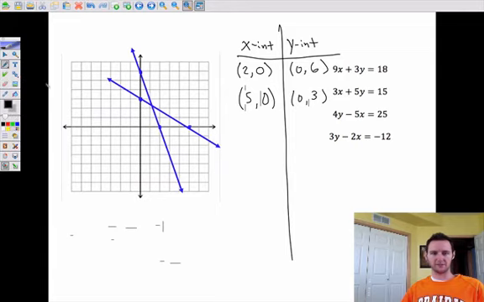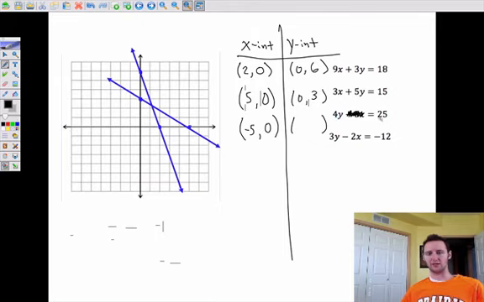Moving on to the third one. We've got 4y minus 5x equals negative 25. For the x-intercept, the y-coordinate is 0, so I'm going to put in a 0 for y. That all drops out, and I get negative 5x equals 25. Divide by negative 5 on both sides, you get x equals negative 5. For the y-intercept, I'm going to plug in a 0 for x, and this whole term drops out to 0.